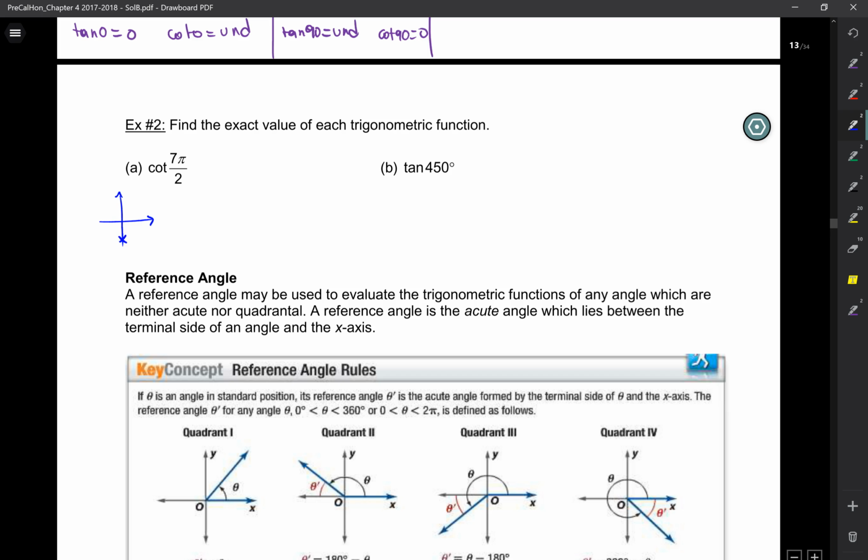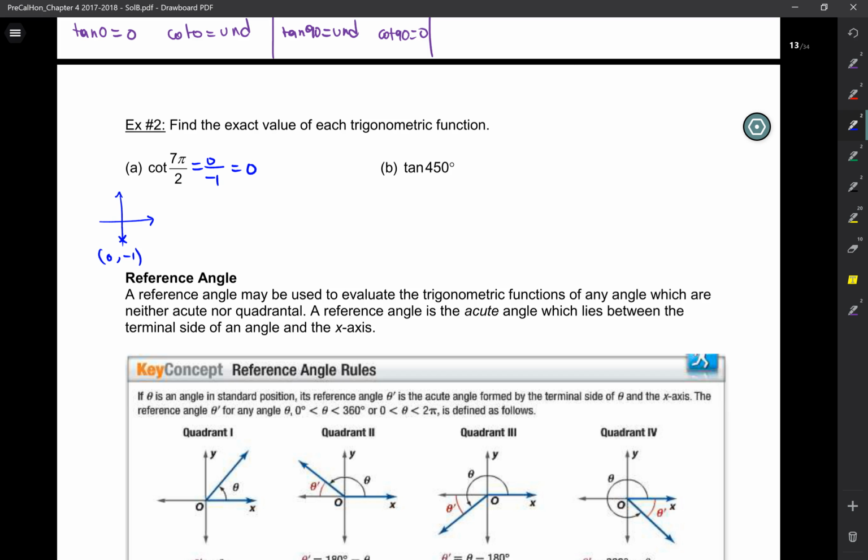And I need the cotangent, right? So what's the x-coordinate there? 0. What's the y-coordinate there? Negative 1. And since this is x over y, how much is the cotangent? It's x over y, 0 over negative 1, so it's 0.